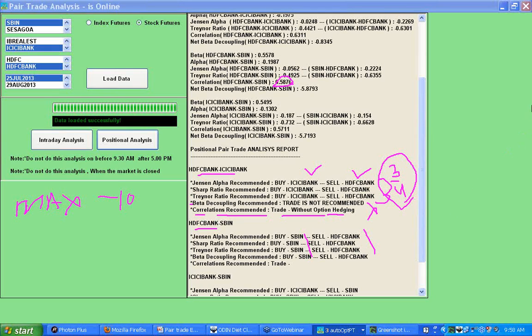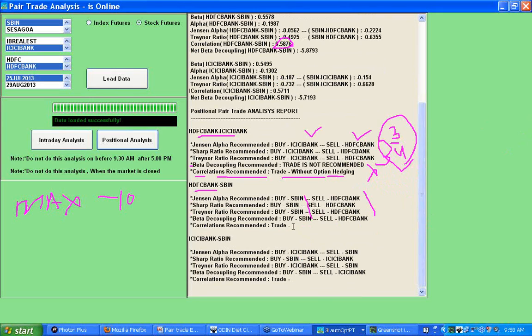So do not initiate the trade. Here there is no view, neutral, because you are close to this, but still it says you should not initiate this trade now. Correlation gives no information, meaning do not trade in that, wait for some more time.